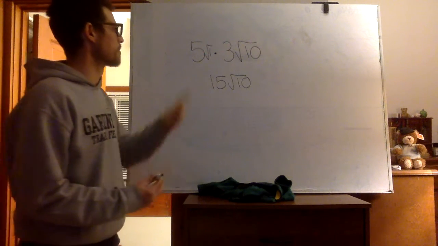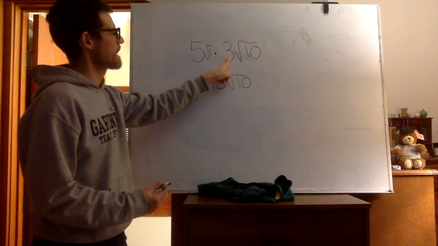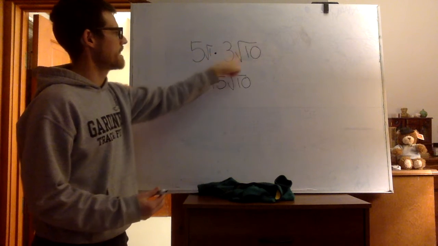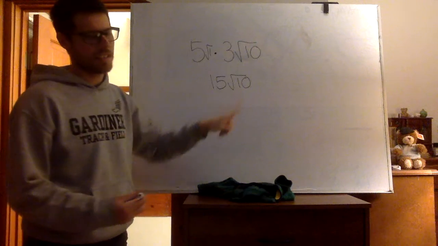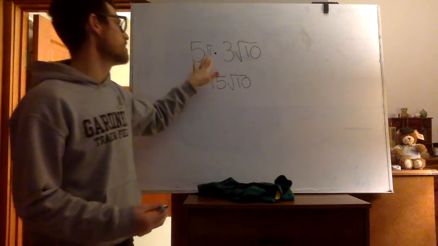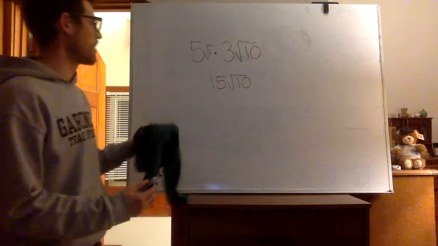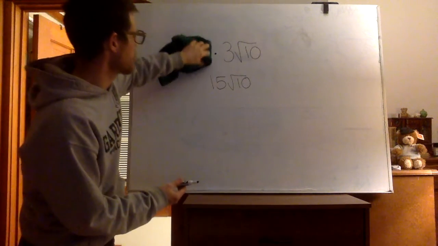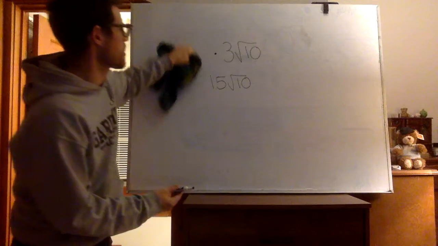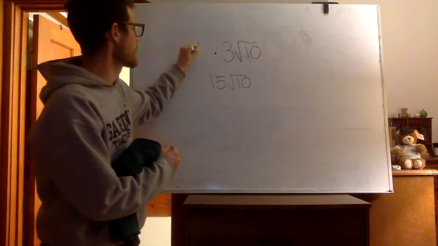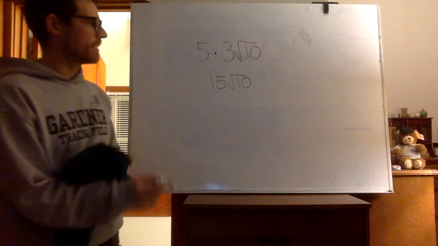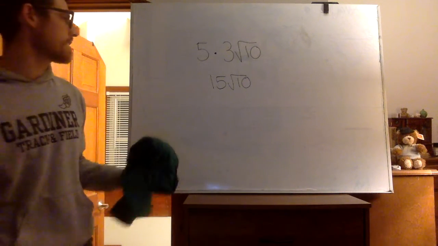Then you could obey the rule, the outside number times the outside number on the outside, the inside times the inside on the inside. But in actuality, it's easier for us to just look at this problem and say, multiply these numbers, copy down the radical. So that was your second example.